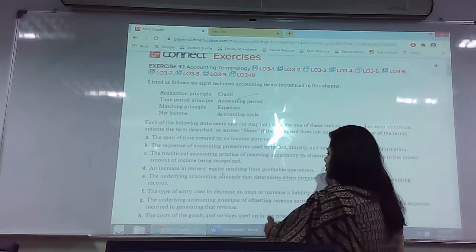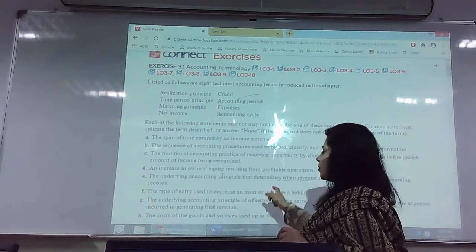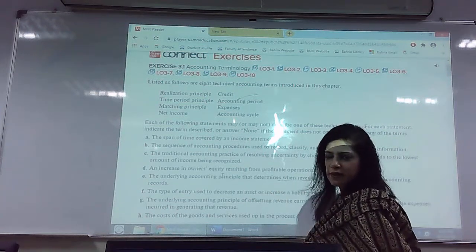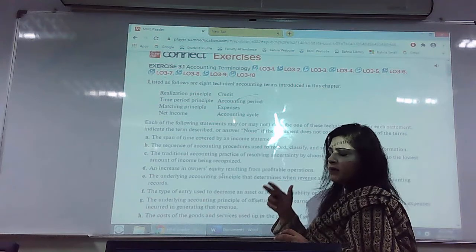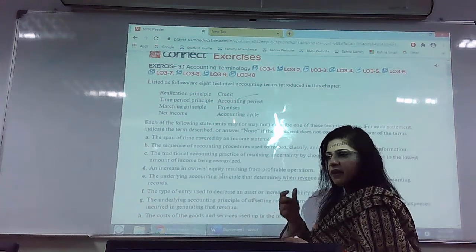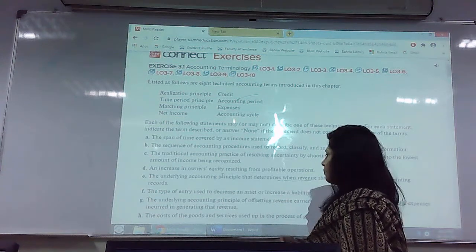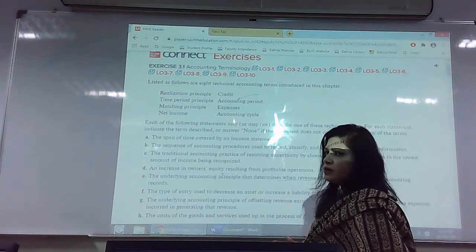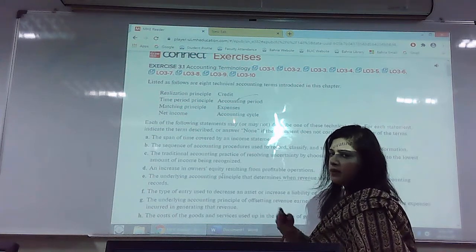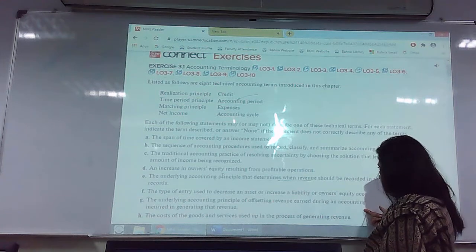So that would be the matching principle, because you match the revenue with the expenses. You earn the revenue in one year, and then you're going to be incurring further expenses, and then you get profit out of the profitable operations. Profitability is determined through the excess of revenue over the expenses. So this is basically the matching principle.